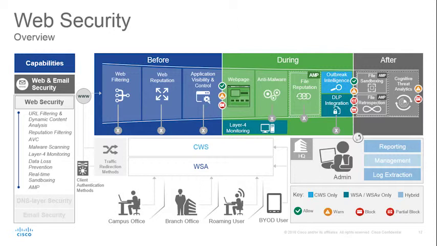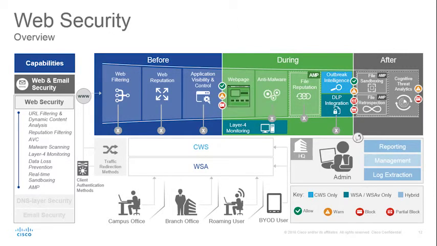Also in this stage of the attack continuum, application visibility and control provides threat-focused visibility and granular control over application usage. If the request is approved by AVC and passes the URL and reputation filters, it proceeds to Dynamic Content Analysis, DCA, which dynamically analyzes the content of the page itself. If the page conflicts with the web security policy, the page is blocked.